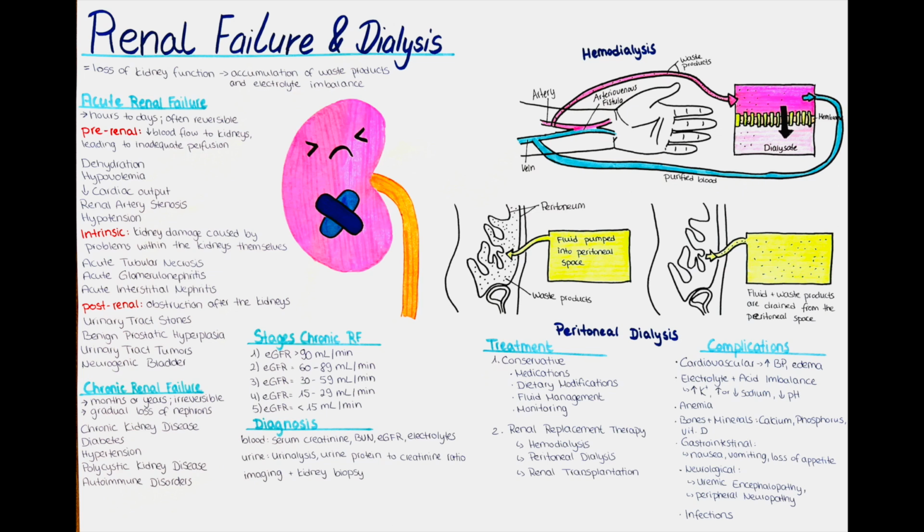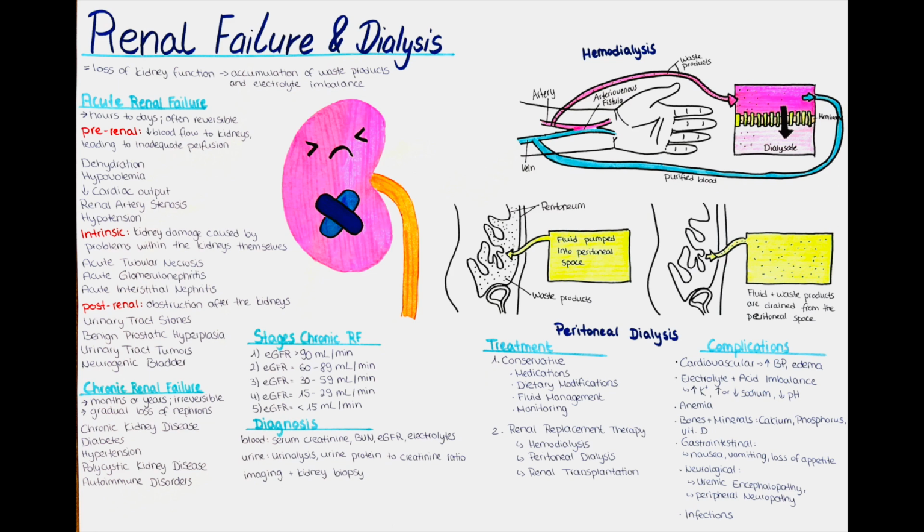disorders affecting the kidneys. Chronic renal failure is further classified into 5 stages, based on the estimated glomerular filtration rate, which indicates the level of kidney function. In stage 1, there's kidney damage with normal or mildly reduced estimated glomerular filtration rate.